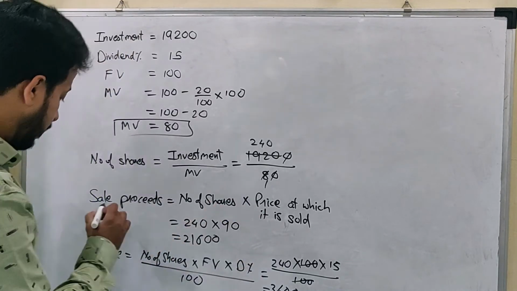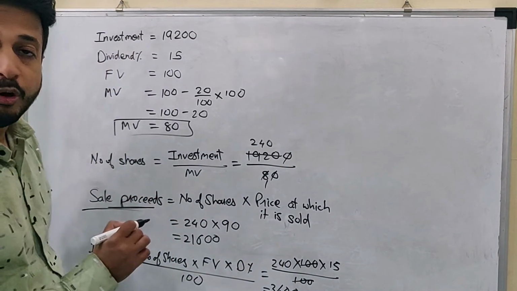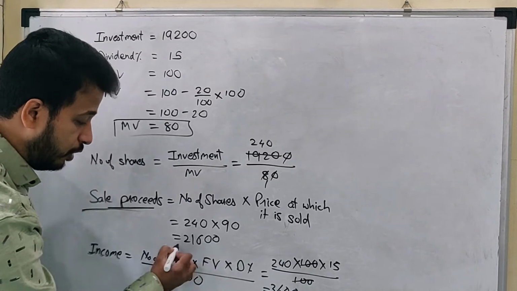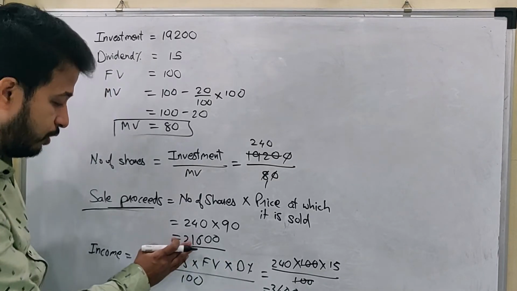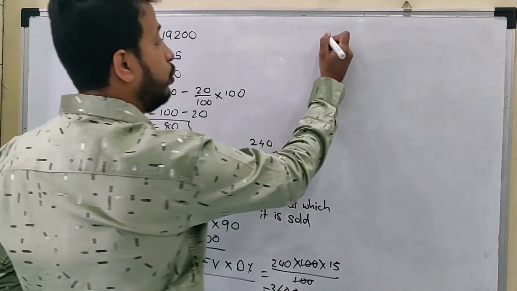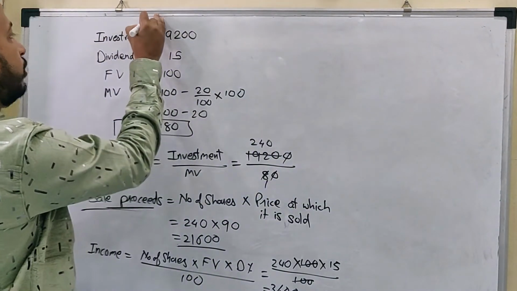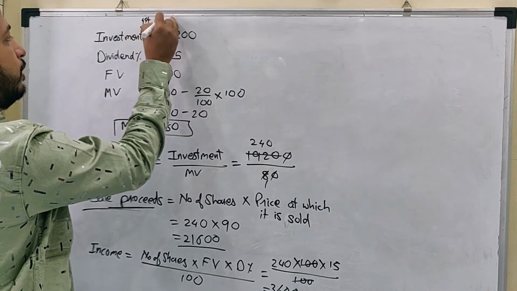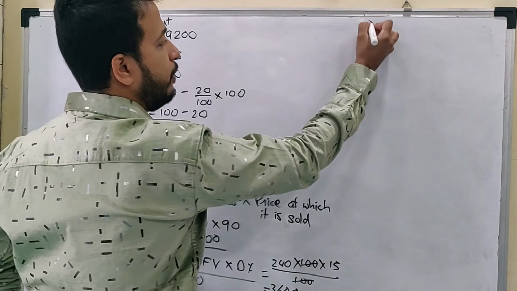Now students, the sale proceed is very important. Over here, 21,600 is your investment in the second part. So this was my first part, and now I'll have my second part.